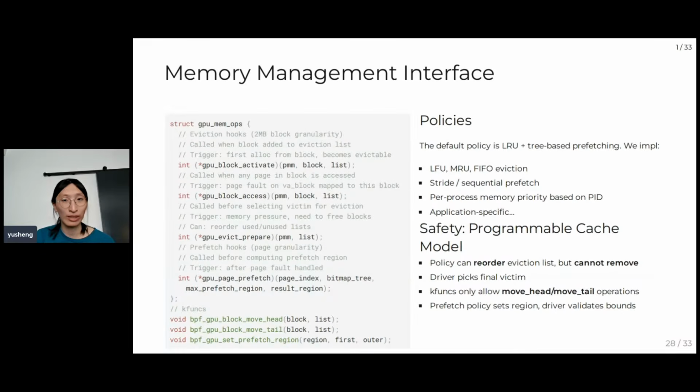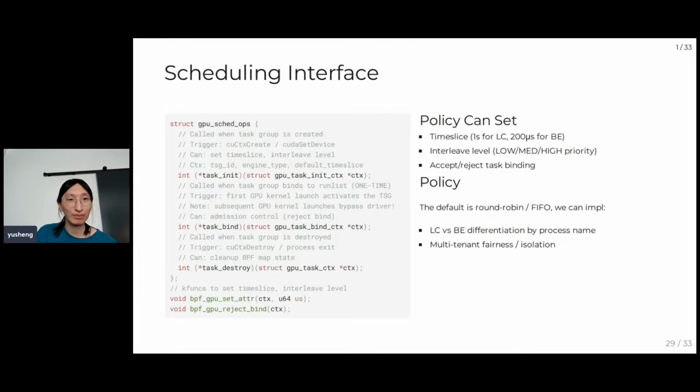We create a GPU block interface similar to a programmable cache model. Then you can use kfuncs to move a GPU block to the head or to the tail and create policies for LFU, MRU, and FIFO eviction and prefetches to speed up unified memory UVM access.